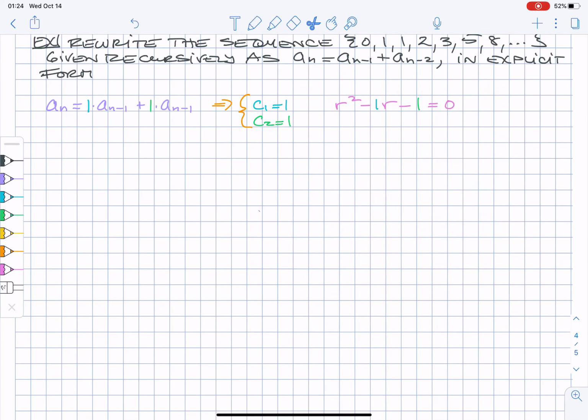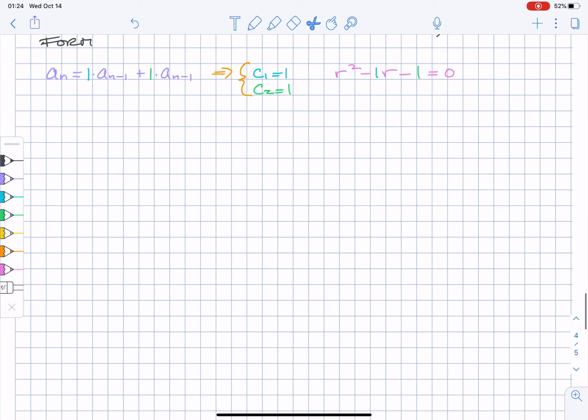Pink is good. Okay. So I claim, using the quadratic formula, that this is a quadratic, so we do negative b, so minus a negative 1, plus or minus the square root of b squared, so negative 1 quantity squared, minus 4 times a, which in this case is 1, times c, which in this case is negative 1 in green. Actually, I should have done that parenthesis in green as well.